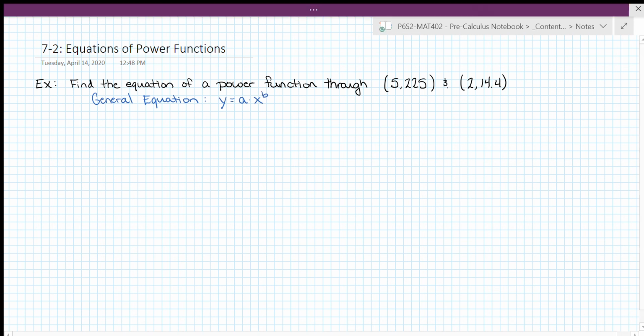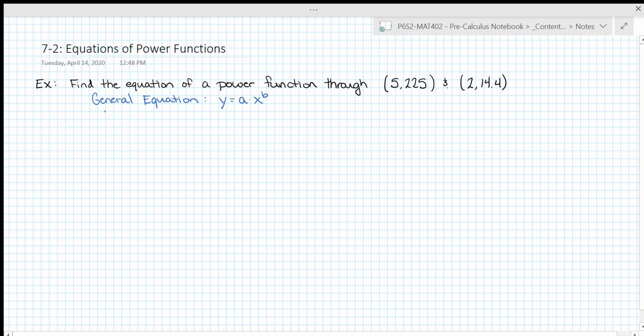And we're going to start this the exact same way that we did with the exponential functions. We're going to create a system of equations using the 2 points I know. So I'll use the point (5, 225).